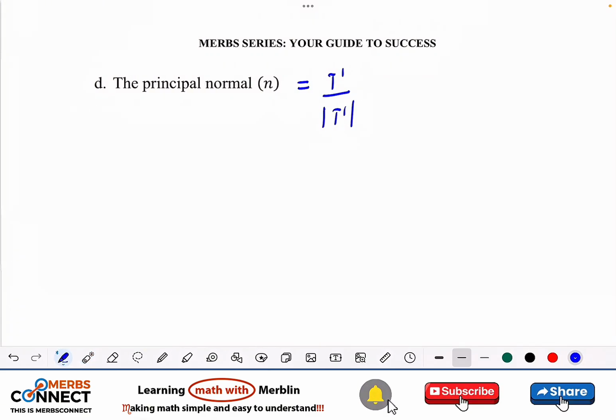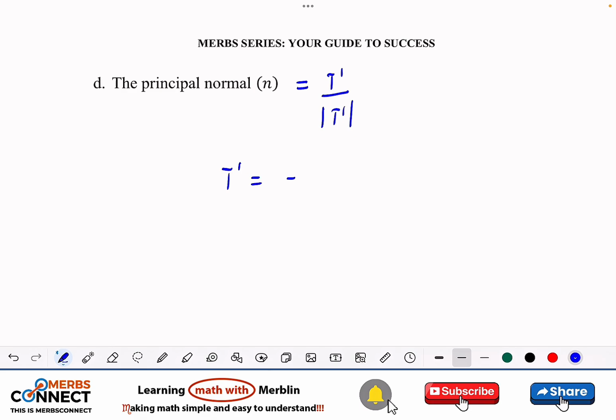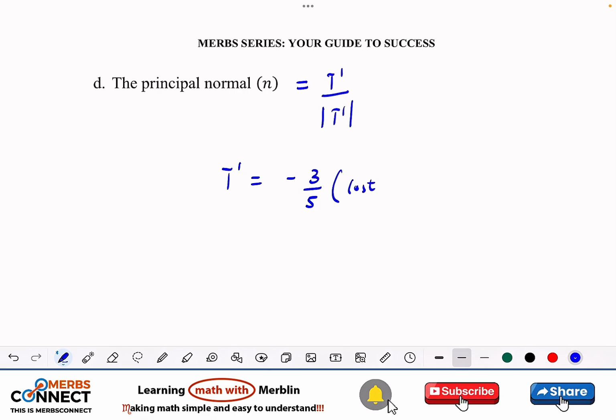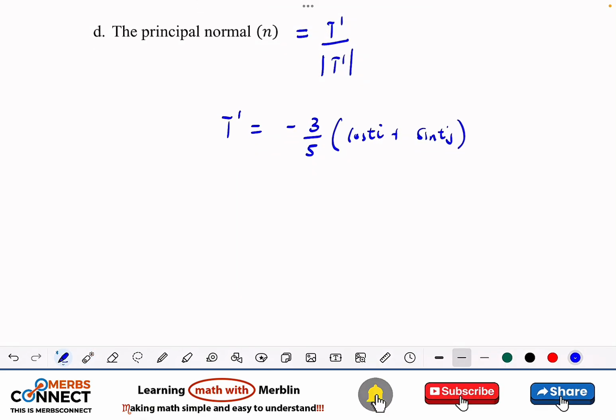T prime was equal to minus 3 over 5, then cos t i plus sine t j. Since we have this here, all we need to look for is the magnitude of T prime.